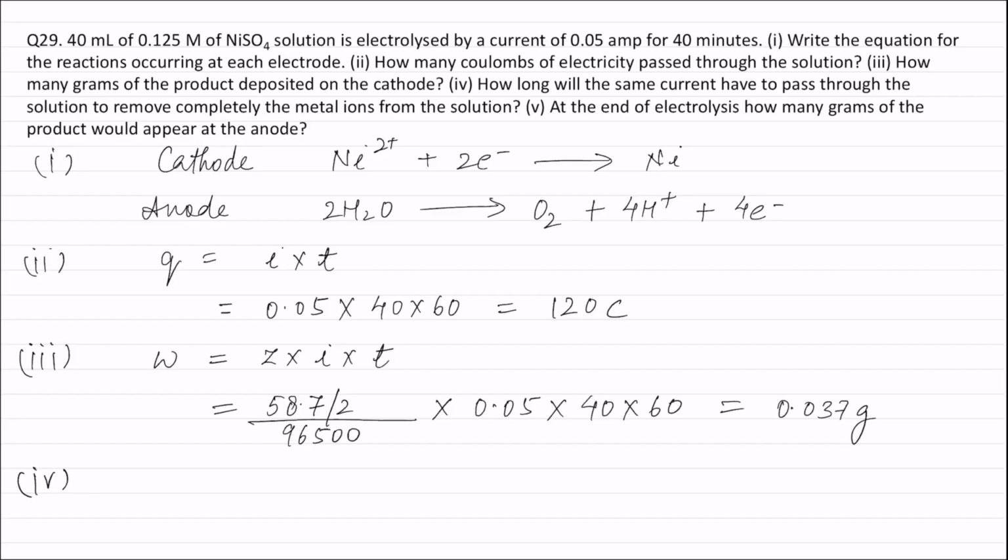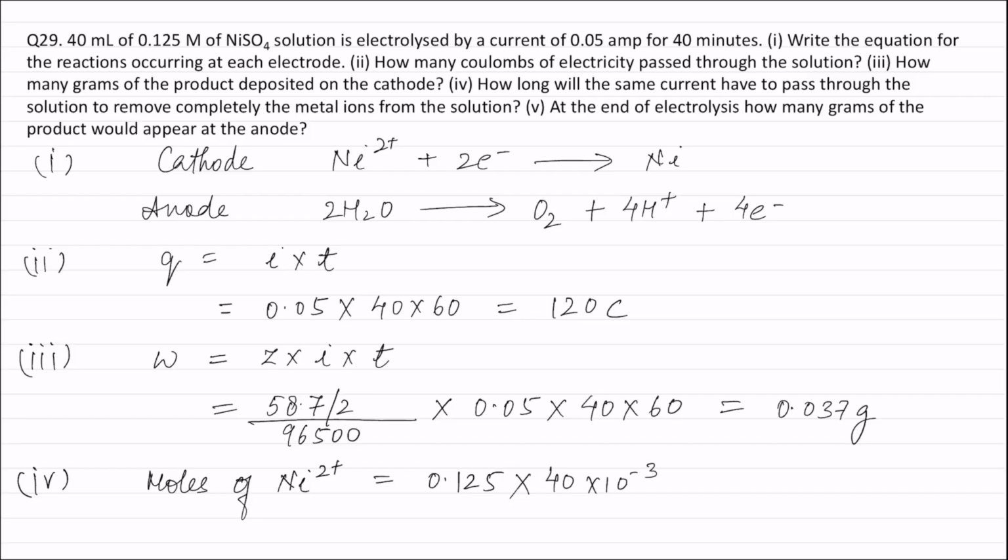The fourth part of the question: how long will the same current have to pass through the solution to remove completely the metal ions from the solution? Now, moles of nickel ions present in the solution will be equal to molarity of nickel sulfate solution, that is 0.125 M, into volume of nickel sulfate solution in liters, which will be 40 × 10^-3 liters.